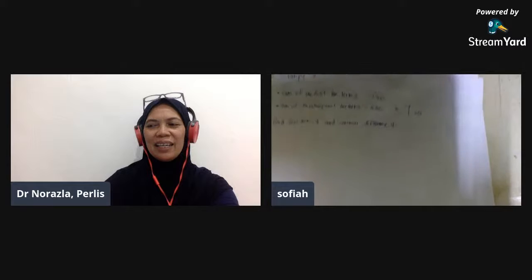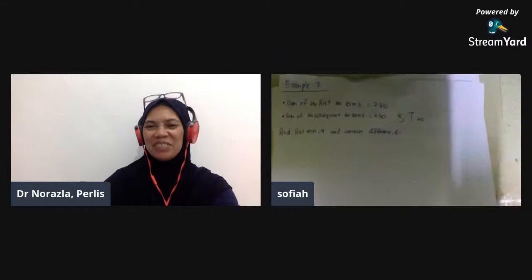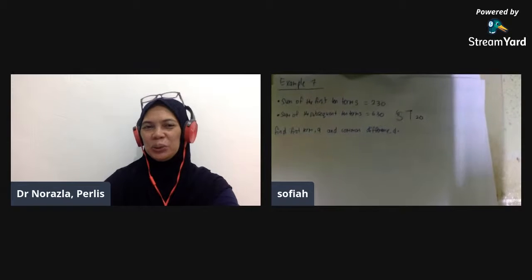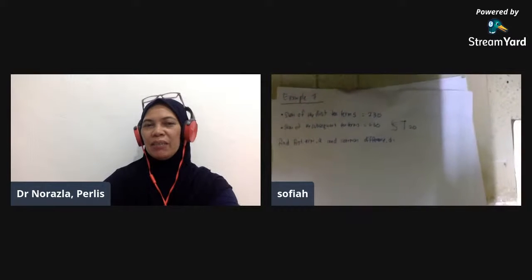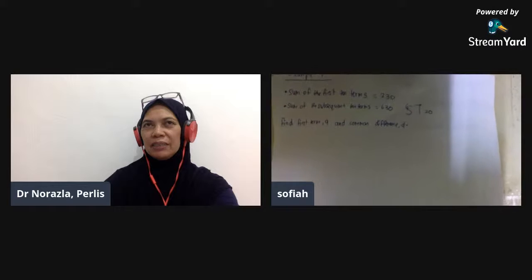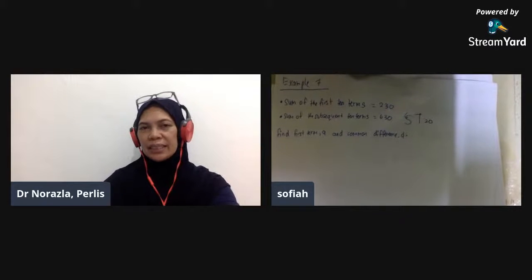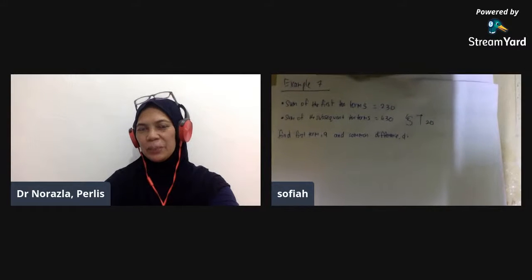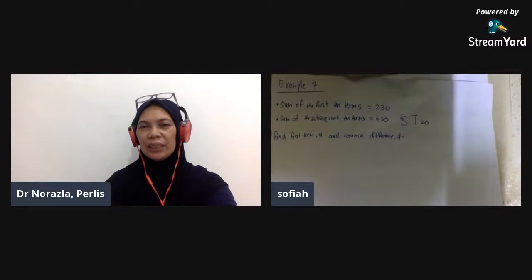No. The subsequent 10 terms means T11 to T20. Just now we have the first 10 terms, T1, T2 until T10, and the subsequent 10 terms are T11, T12 until T20.